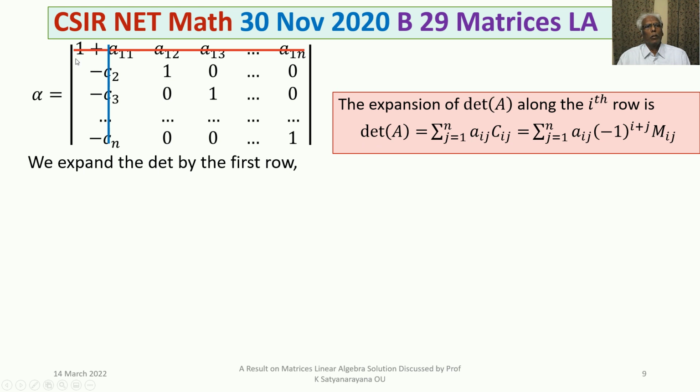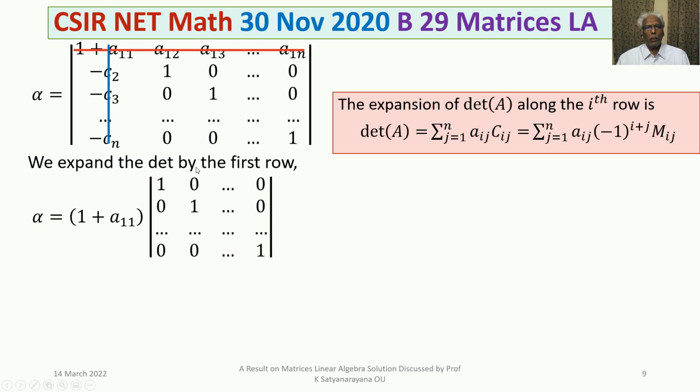Now we delete the first row and first column, and alpha is equal to 1 plus a11 times this minor. So that is 1 plus a11 into this, which is the identity matrix. Now move further along the first row: a12.